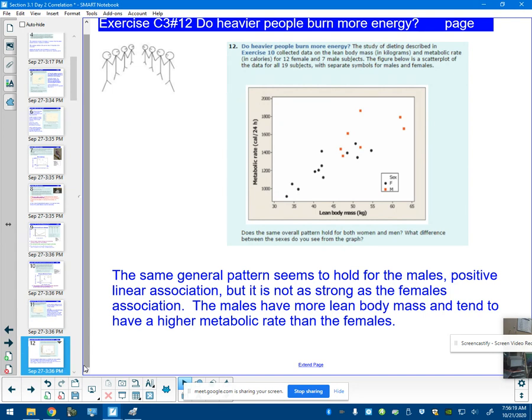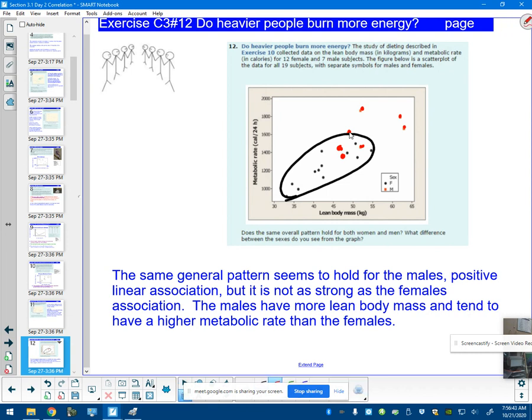Does the same overall pattern hold for men and women? I said the same general pattern seems to hold for males. It's positive linear, but if you just look at the red dots, which I think are these, putting an ellipse around those red dots would make it wider than putting an ellipse around the black dots.